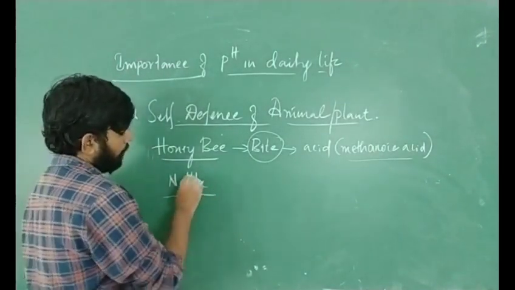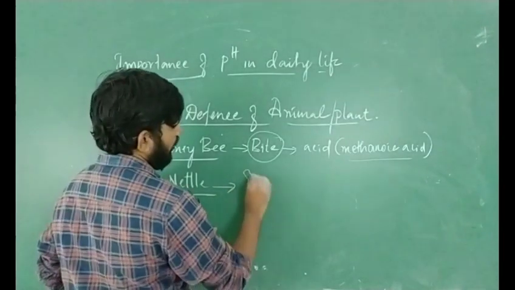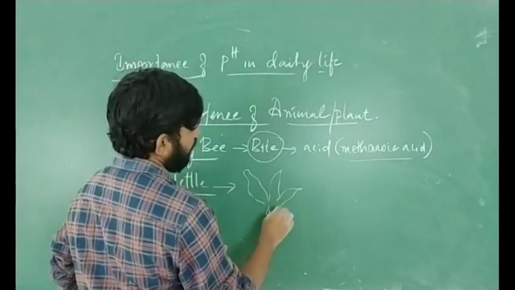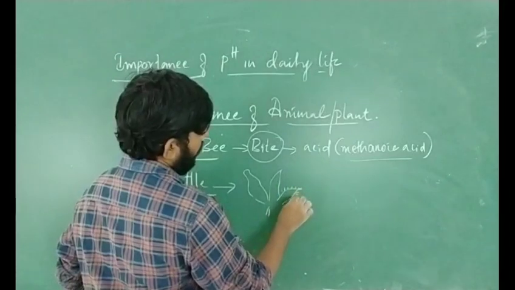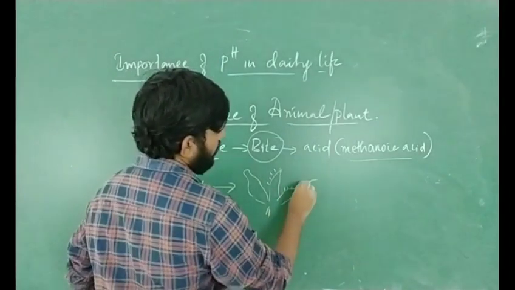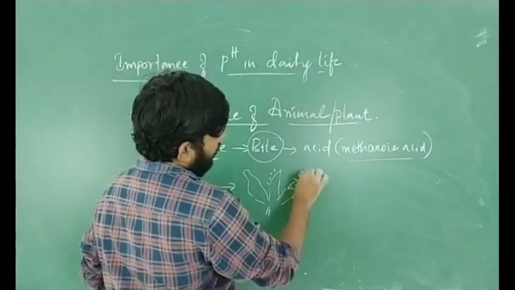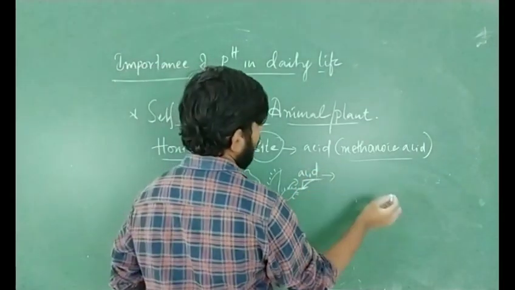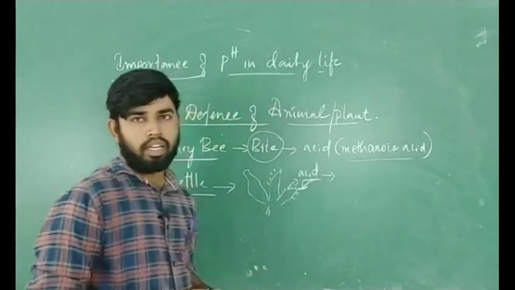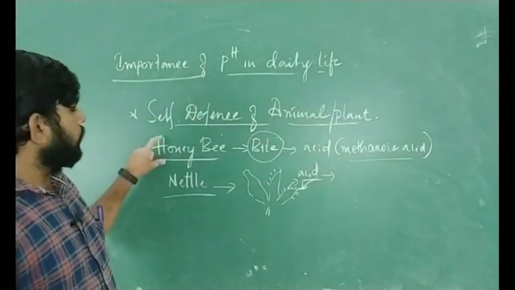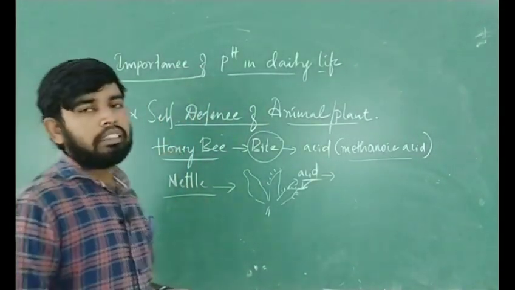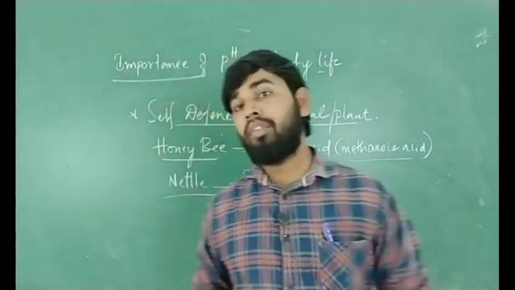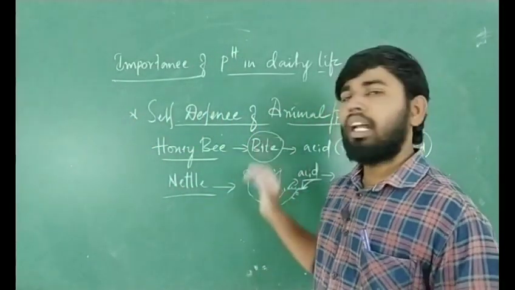This nettle plant contains some small pores, or we can say hairs. When you touch them, they can produce acid, which again causes us irritation or itching. So in this way, animals as well as plants protect themselves and defend against others by producing acids.